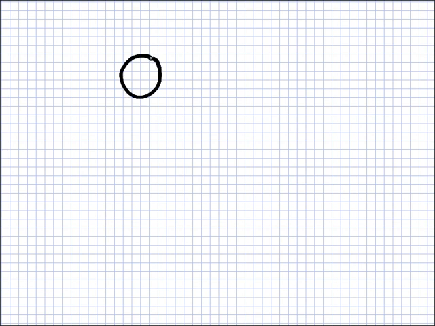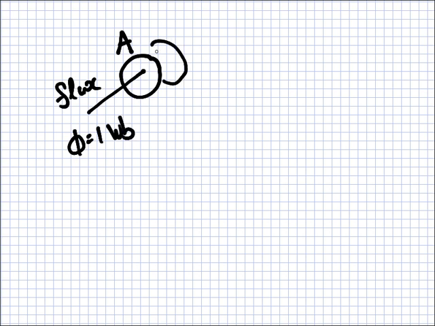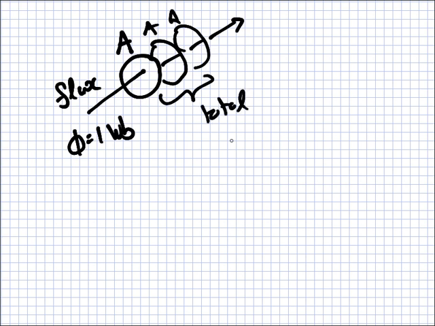Here, we call this area A. Let's say there's one flux line here. So we would say the flux is 1 Weber. But let's say we have another area behind it, and another one behind that. And we want to look at this total area. Then we say the flux is 3 Webers.